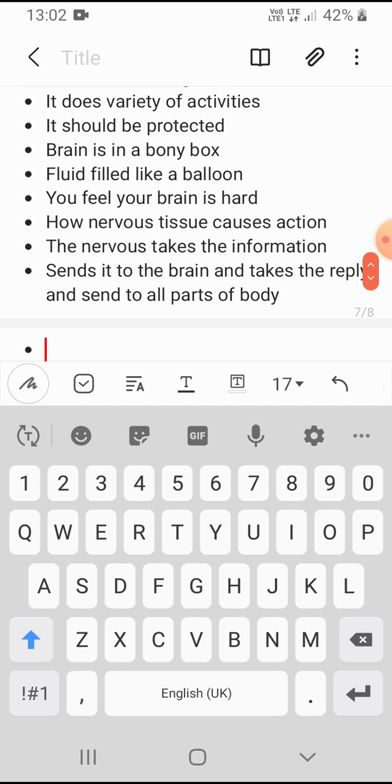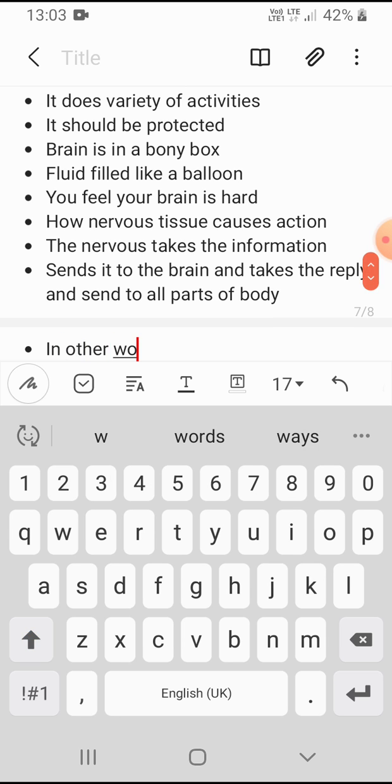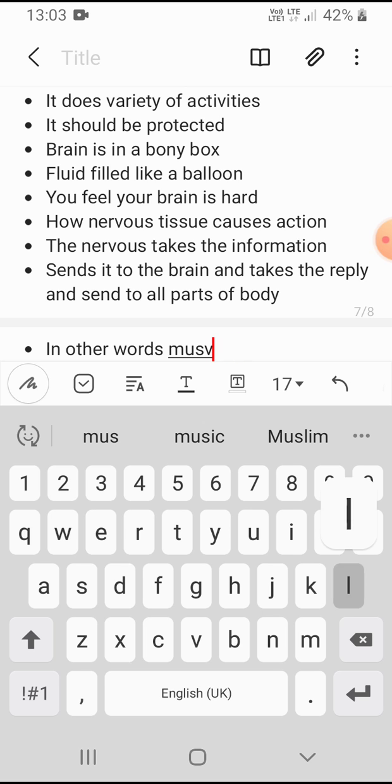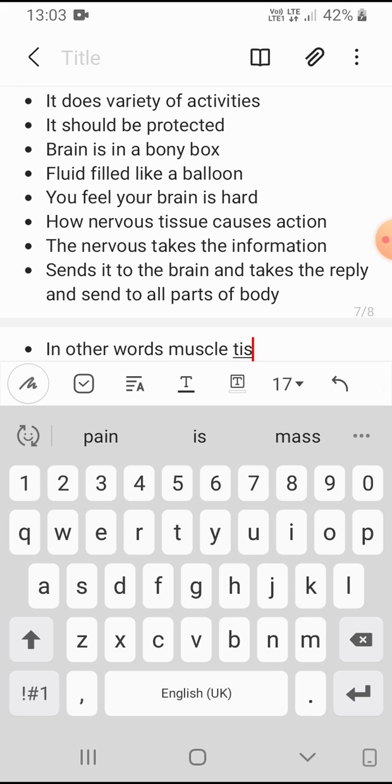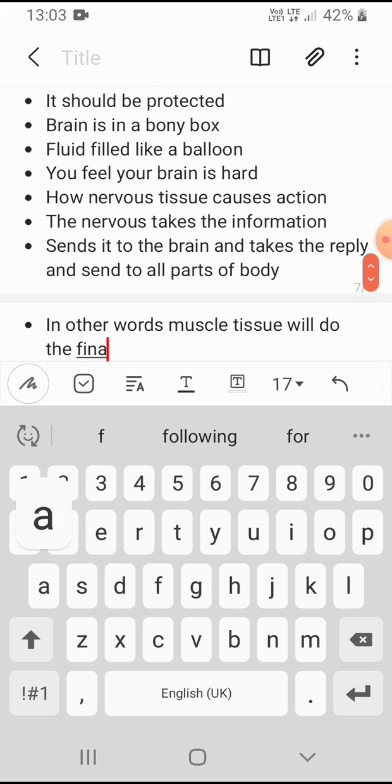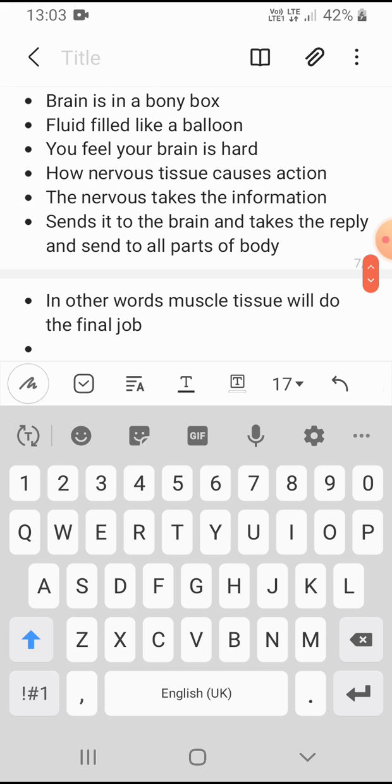What decision is taken? In other words, muscle tissue will do the final job of carrying out the message.